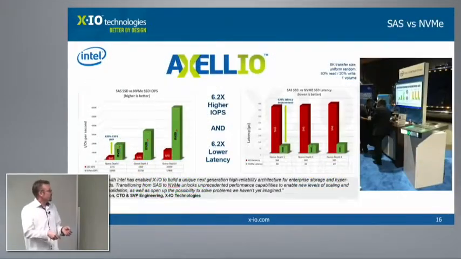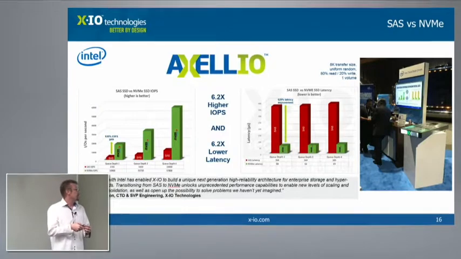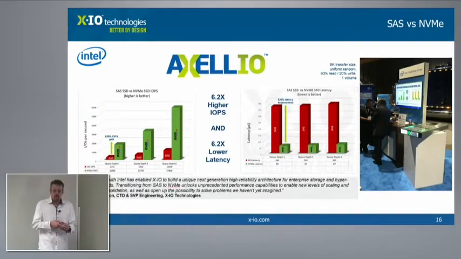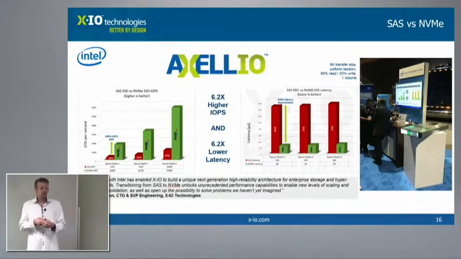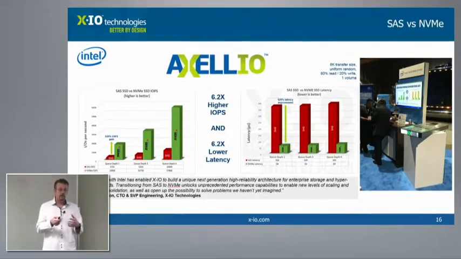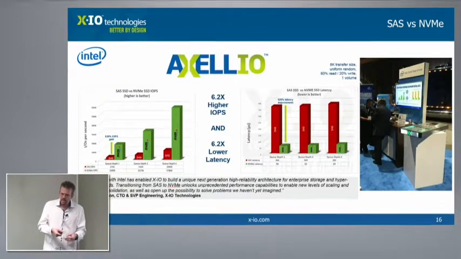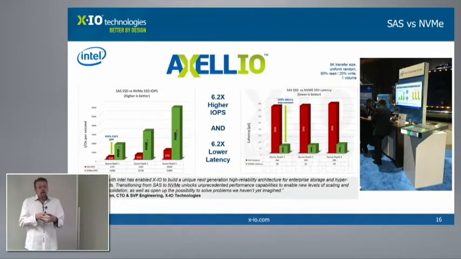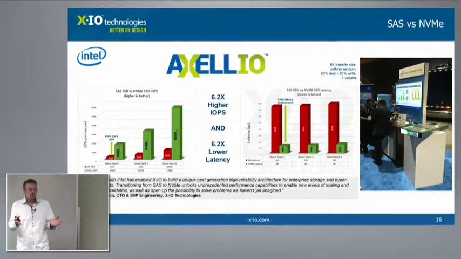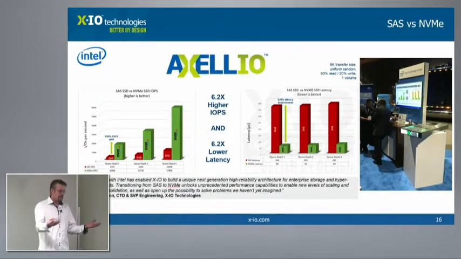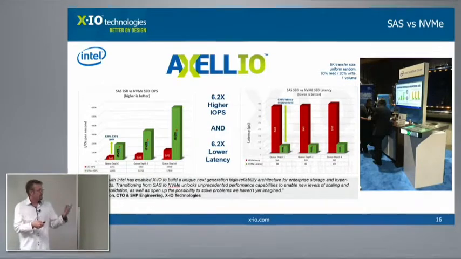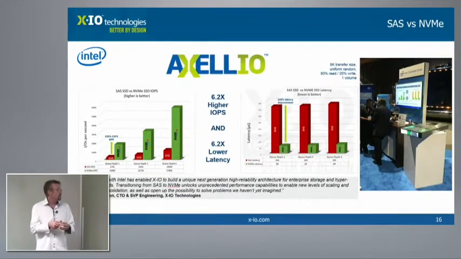So here's the protocol comparison we did. Intel announced their dual-ported NVMe drive a year ago. They came out and said, hey, look at our DC3700, I think it was, is what they called it. And essentially, we have a dual-ported NVMe drive. We had built the system while they were building the device in parallel. We launched a first preview of our system at that time.